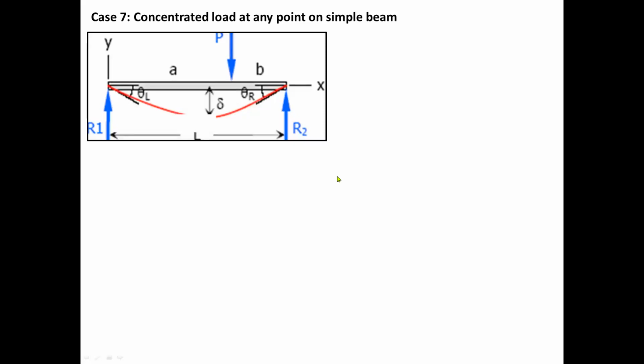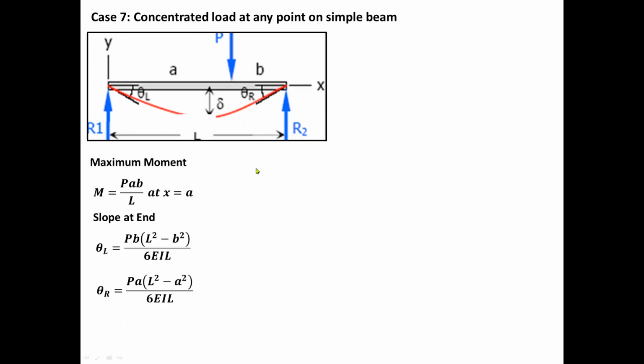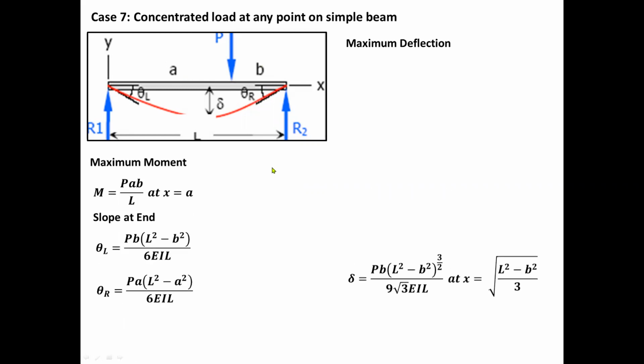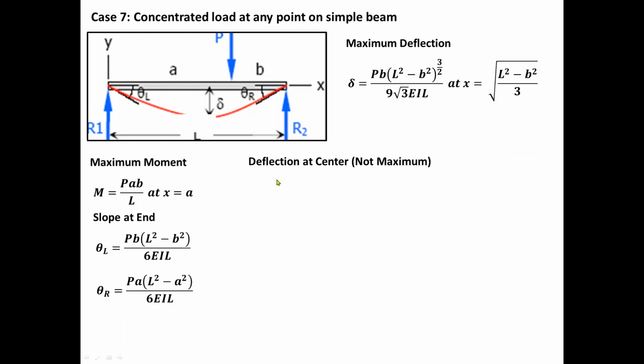Simply supported, kaya lang hindi sa gitna yung concentrated load na P. Lamang ng bahagyang A sa B distance. And then ito yung ating mga formula for maximum moment, slope at N, maximum deflection, and also equation. Deflection at center, not maximum.